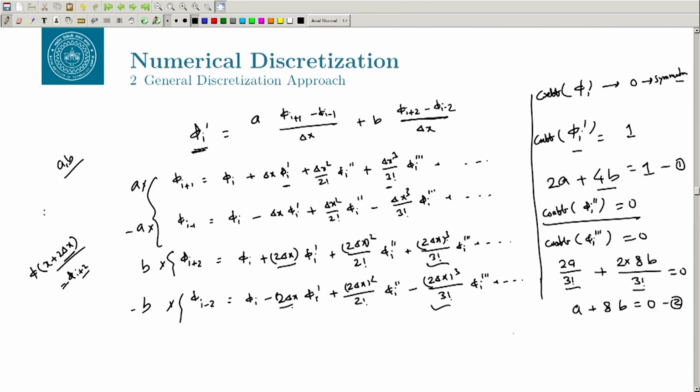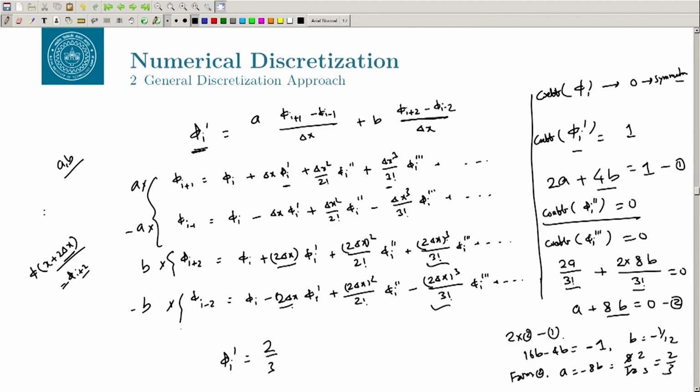So, now you do 2 into equation 2 minus equation 1, so that will become 16B minus 4B is equal to minus 1. So, B equal to minus 1 by 12, and from equation 2, A will be minus 8B, which will be 8 by 12, which is basically 2 by 3.